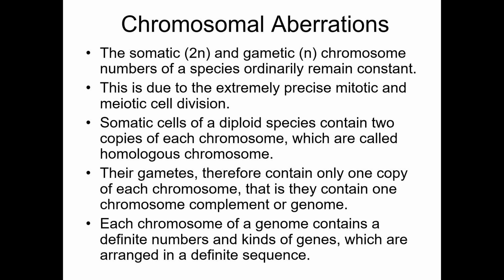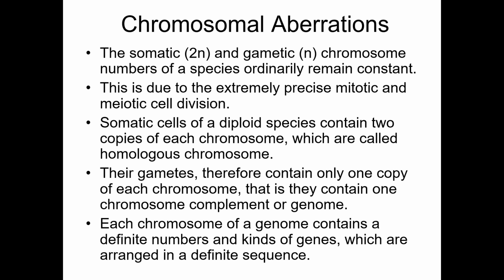Suppose the reduction does not happen, what will happen? The male gamete will have 23 pairs, the female gamete will have 23 pairs, and the zygote will have 46 pairs. So in each generation the chromosome number keeps doubling. But it never happens because the gametes have only the haploid number of chromosomes.